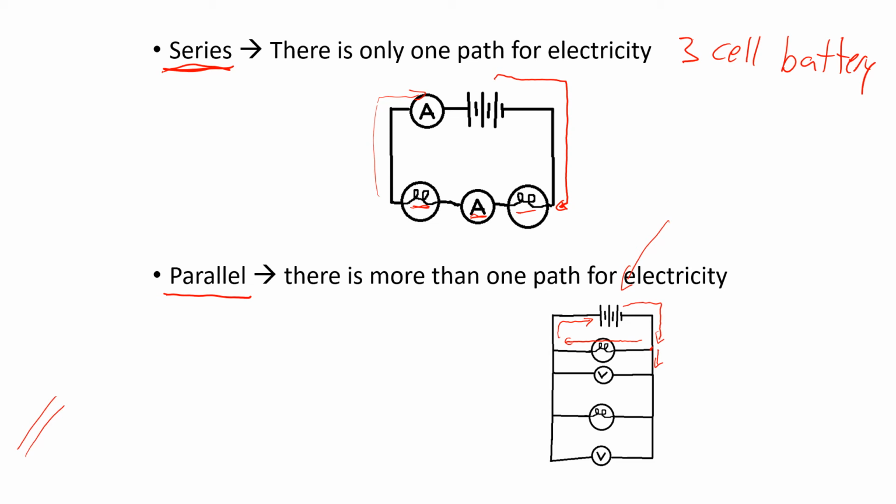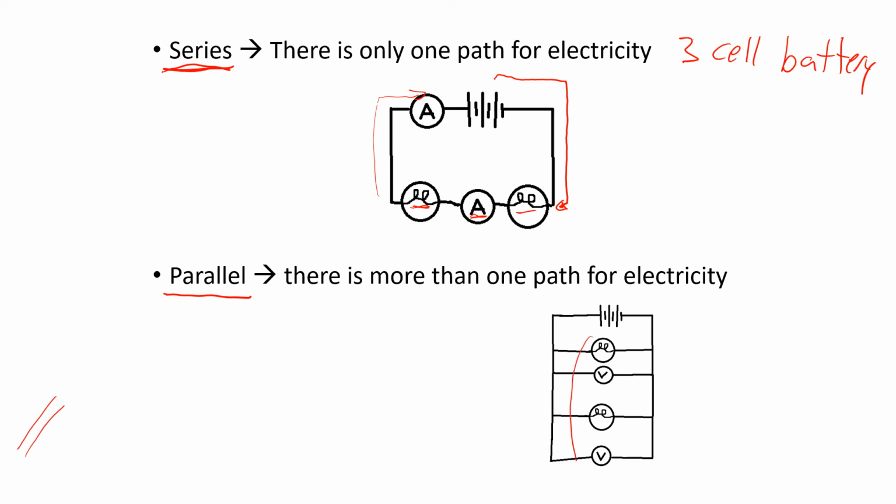Okay, so the next one is going back here in this direction, and it can go back in that direction. And there's a whole bunch of different things that are in parallel right here. Now, if you remember, this V is a voltmeter. It measures how many volts are going through there. Now, I want to emphasize this, and this is maybe a little bit of a mistake for me.